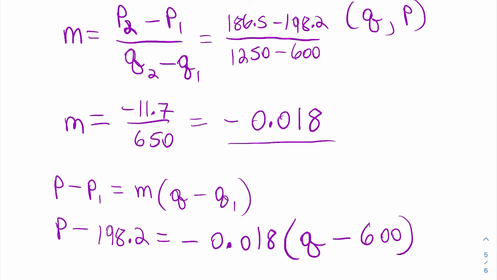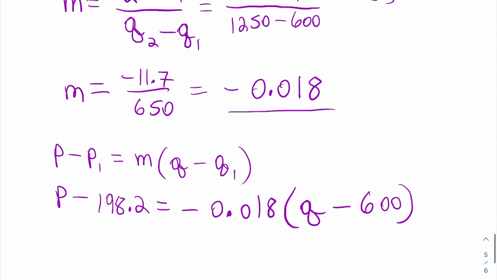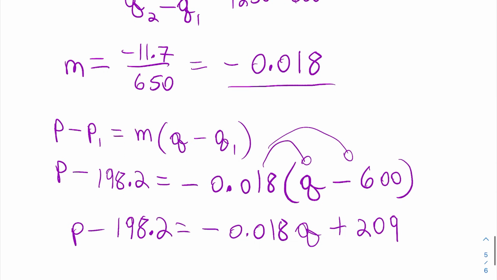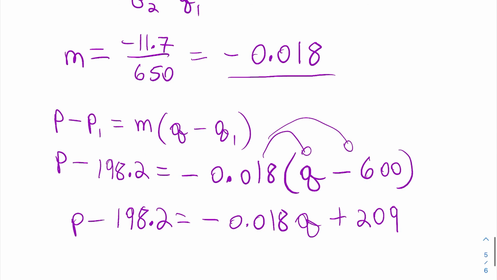Now I'm going to put this in slope-intercept form. To do that, I distribute the slope here, and I get that p minus 198.2 is equal to negative 0.018 q, and then that's going to be plus 10.8.